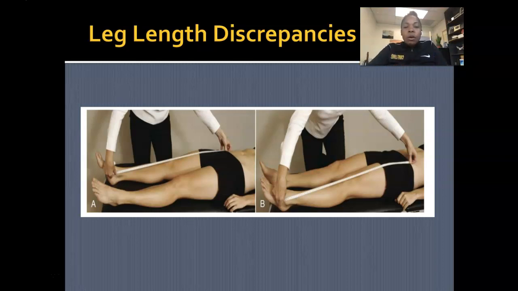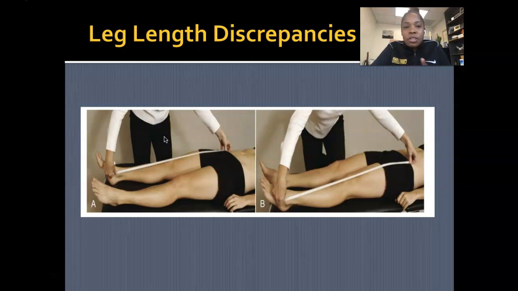And so essentially what we're going to do is assess for two different types of leg length discrepancies. We're going to assess for a structural leg length discrepancy, and then we're going to assess for a functional leg length discrepancy. And the way that we do that is using a measuring tape. But in lab, what you're going to learn is there's a difference between structural and functional measurements.